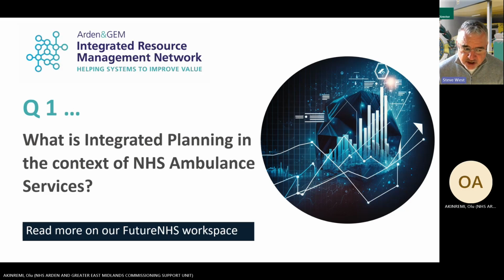I think externally, aspirationally, we're looking to link that demand and capacity planning within an ambulance service to demand and capacity planning across the health system, so that we can work more effectively as a system.